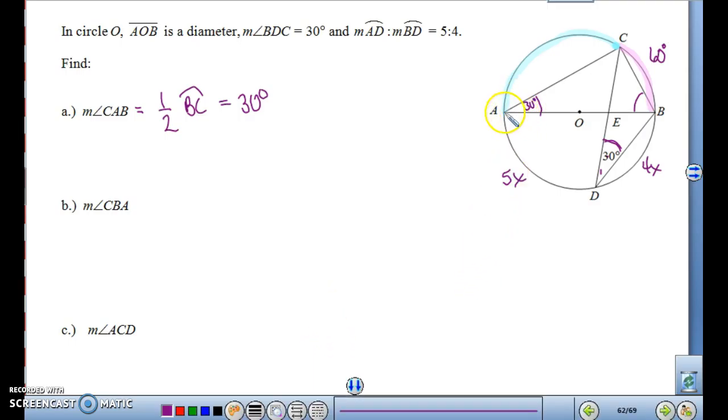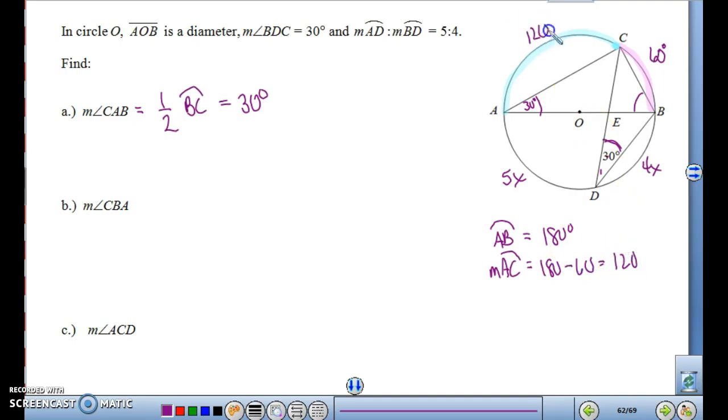Okay, now remember that AB right here is a diameter. So if that's a diameter, that makes AB a semicircle. So AB, semicircle, is going to be 180 degrees. So if this whole thing is 180 degrees and this part's 60, what does that make AC? The measure of AC will be 180 minus 60, which is 120.